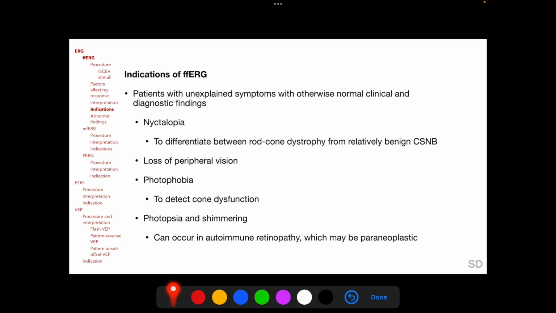Indications for ordering full-field ERG is very important. The most common and the most important indication is a patient with unexplained symptoms but with otherwise normal clinical and diagnostic findings, such as in patients with nyctalopia, to differentiate between rod cone dystrophy, which is a progressive and potentially blinding disorder, from relatively benign congenital stationary night blindness.